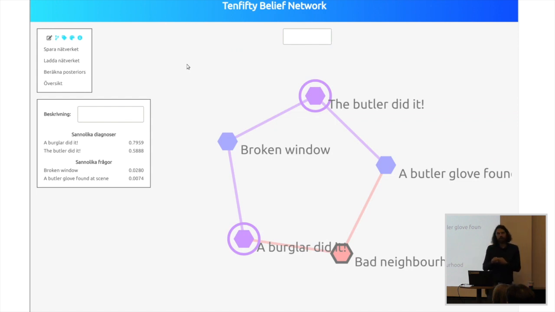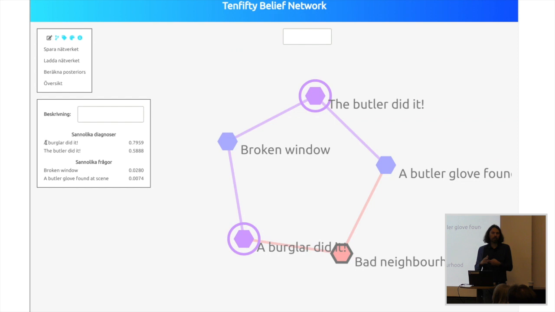But we want to use something called explaining away. So there's a reason that we're looking at this, and that could also be a node. And if we know that the burglar did it, then we can reason that the butler didn't do it. I mean, maybe both did it.